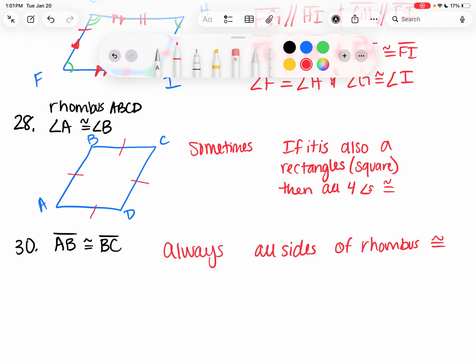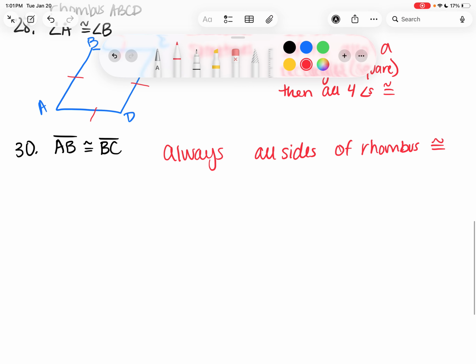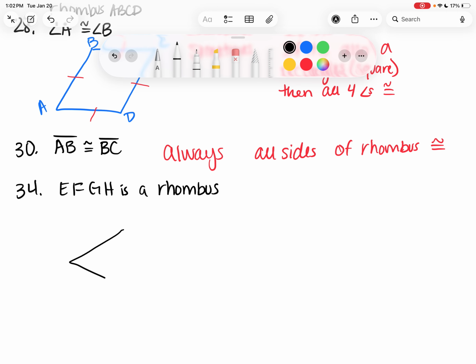All right, find the value of x. 34. EFGH is a rhombus. And then they give us a picture of it. And they tell us angle F is 130, angle G is x.